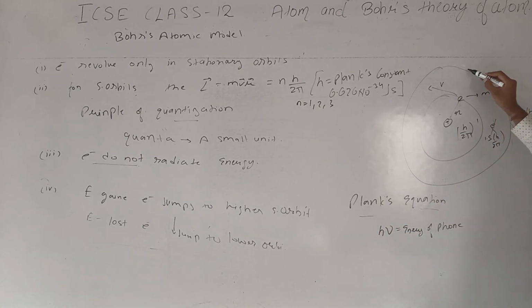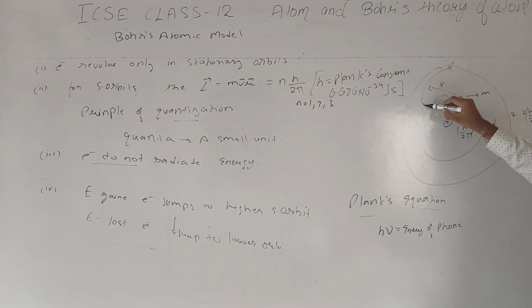Suppose the electron jumps from this orbit to a lower orbit and loses energy in the form of a photon. That photon travels in the form of a wave, as light is a wave made up of photons. Because it is a wave, it has a frequency mu.